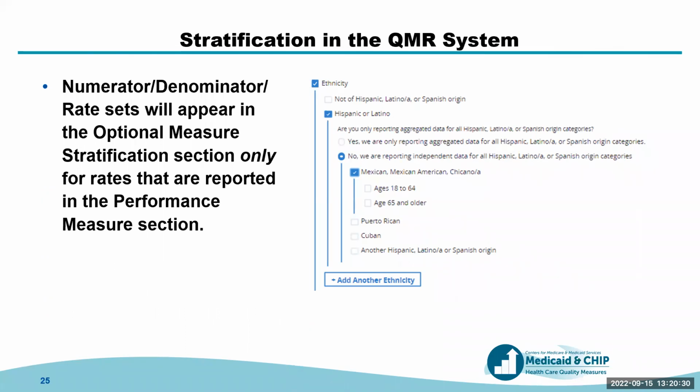So for example, if you only report the 18 to 64 rate in the performance measure section, only the 18 to 64 rate will appear in the stratification section. So it's important to enter the data in the performance measure section in the aggregate before getting down to the optional measure stratification section. Next slide, please.